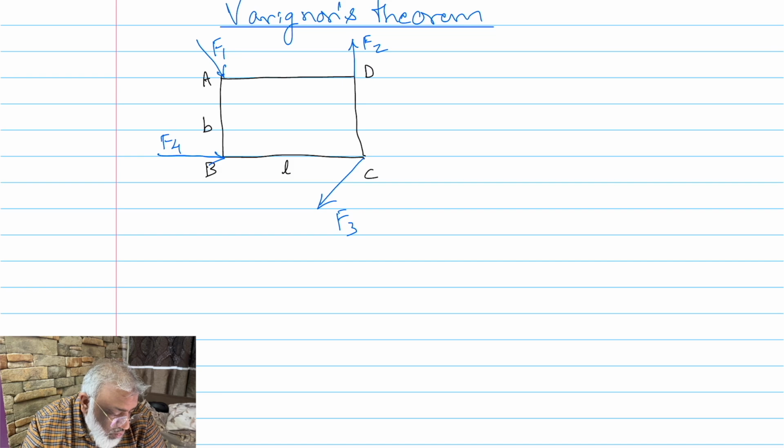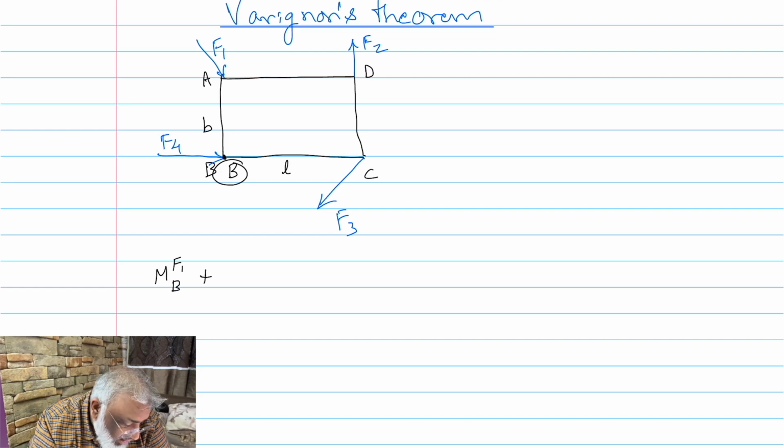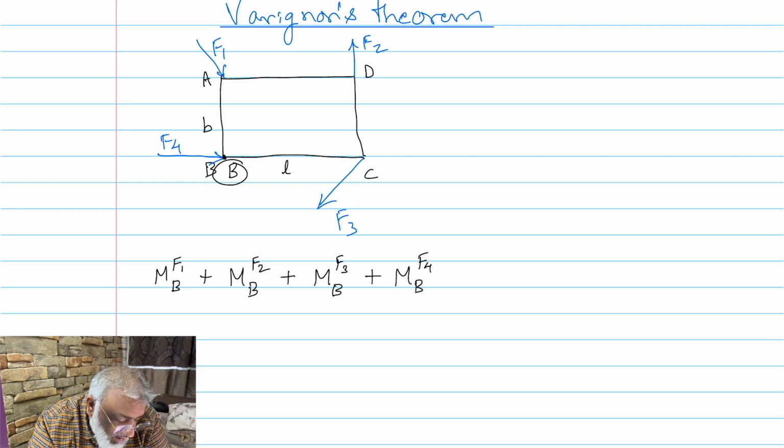Okay, so what Varignon's theorem says is that you find out moments. You first choose a common point on the body. Say I choose point B. This is my common point. So what I do, I find out the moment of F1 about point B. Then I find the moment of F2 about point B. Then I find the moment of F3 about point B, and I find the moment of F4 about point B. Okay, and I sum them up.